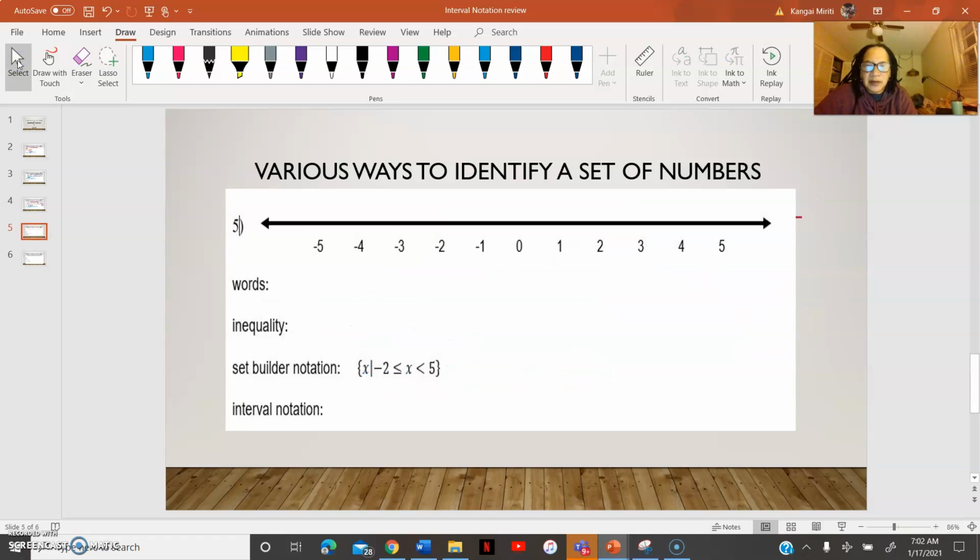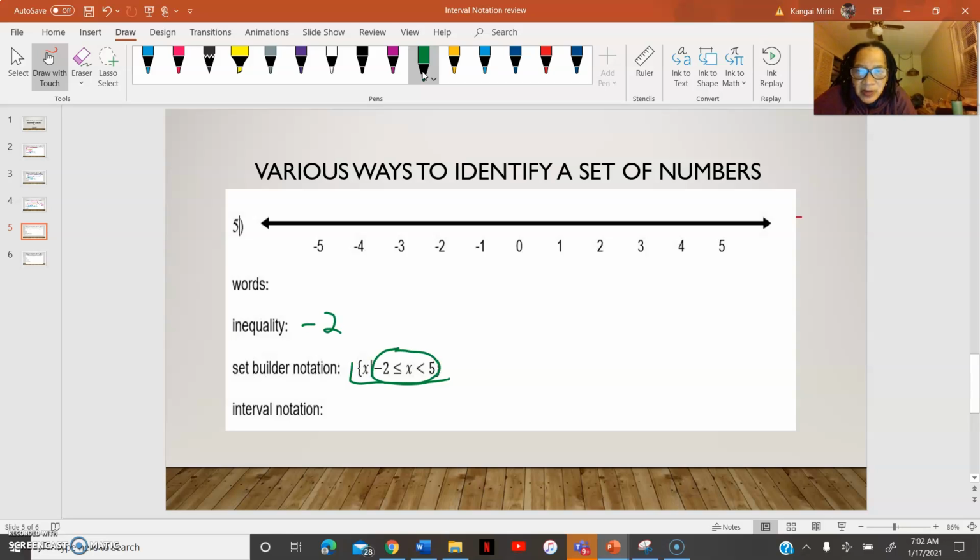One more example. This time you've been given set builder notation, and we're familiar enough with it that the easiest thing might be to go right to inequality notation. So -2 is less than x, but x is less than 5. And when the inequality looks like this, we know we're talking about numbers between two numbers because the x is stuck between two numbers.